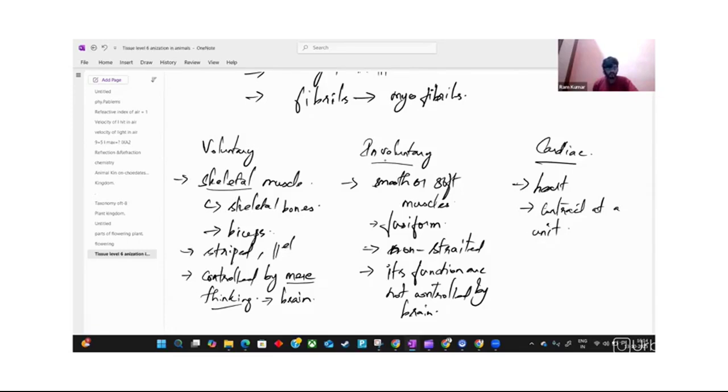When one cell receives the signal, the neighboring cells are also stimulated to contract.